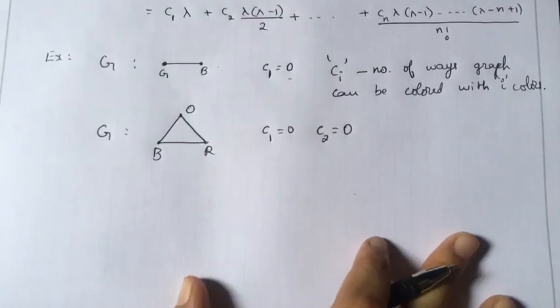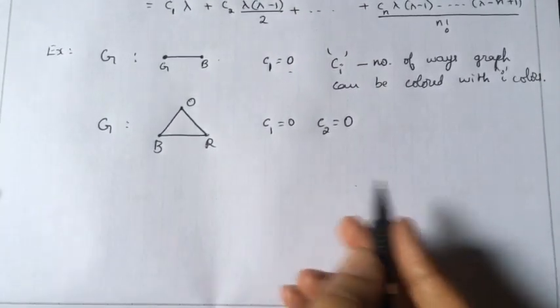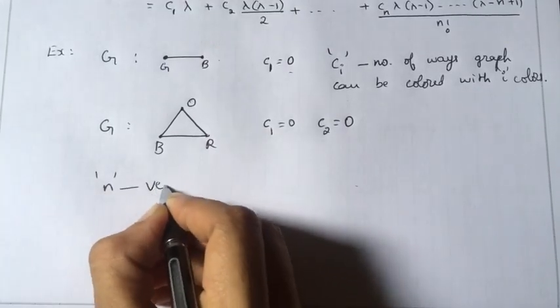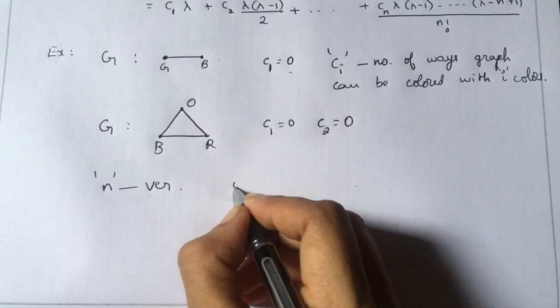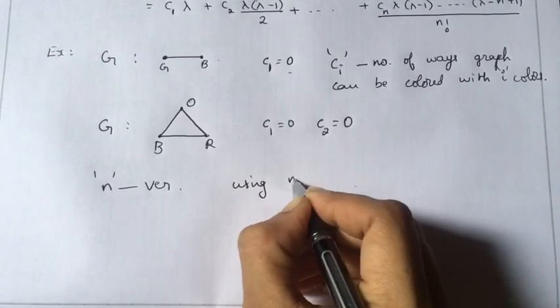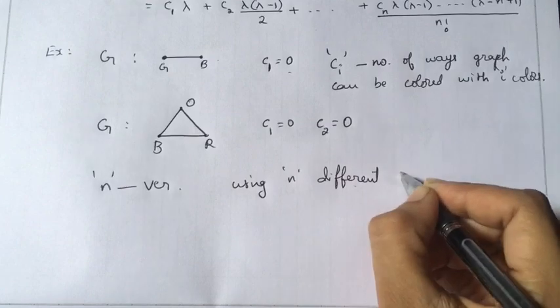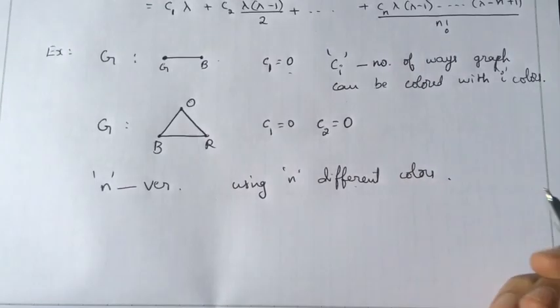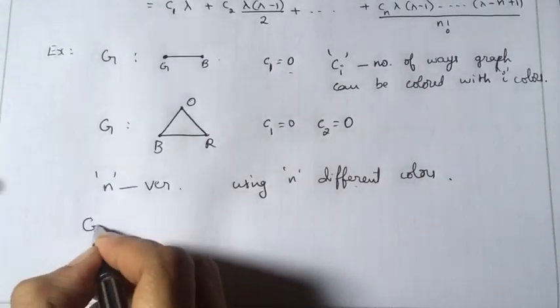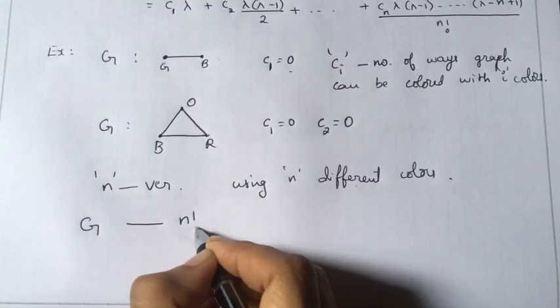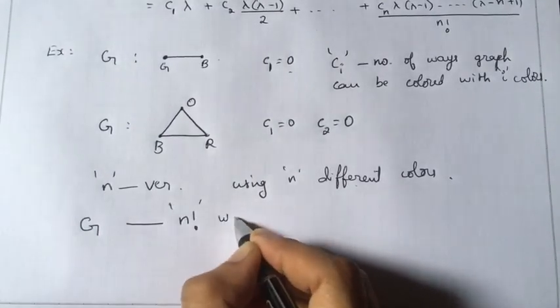So therefore, if I have a graph with n vertices, using n different colors I can properly color the graph in, in fact, n factorial ways.